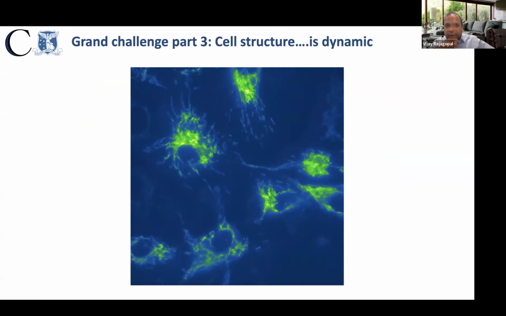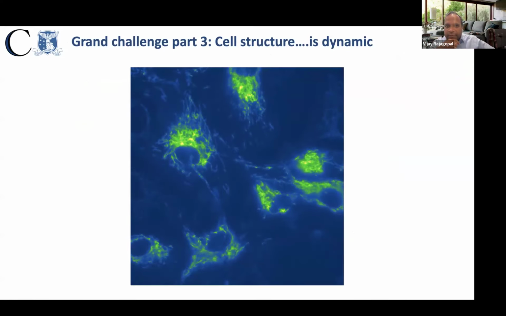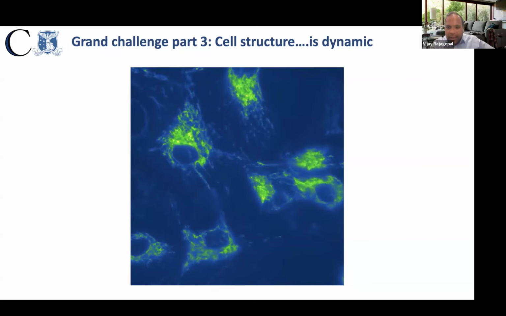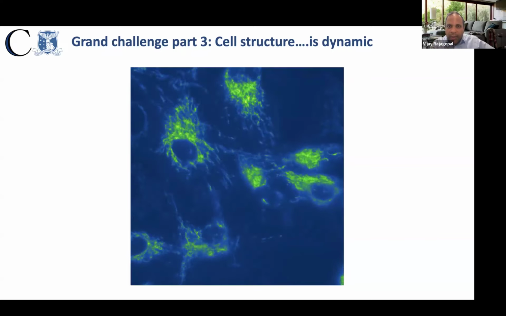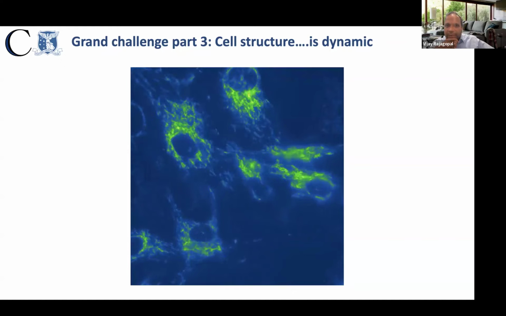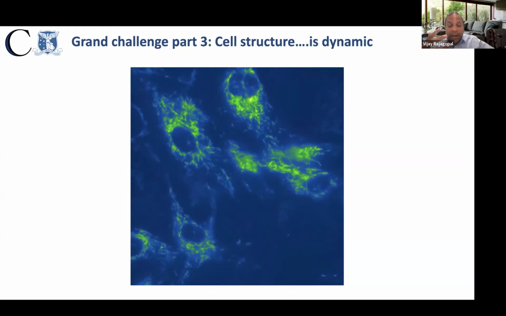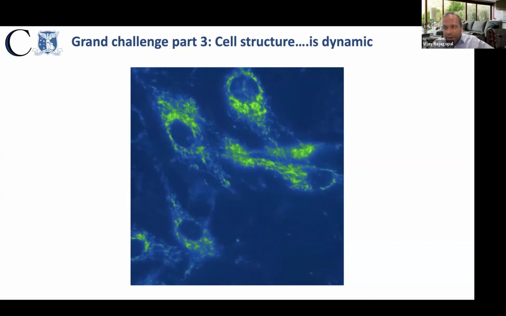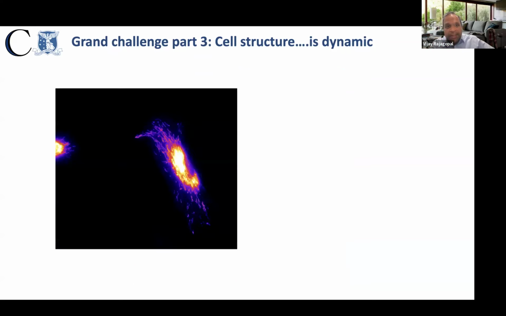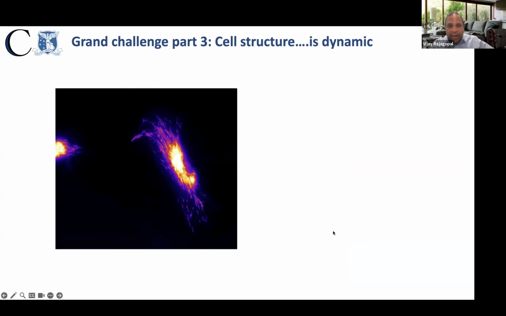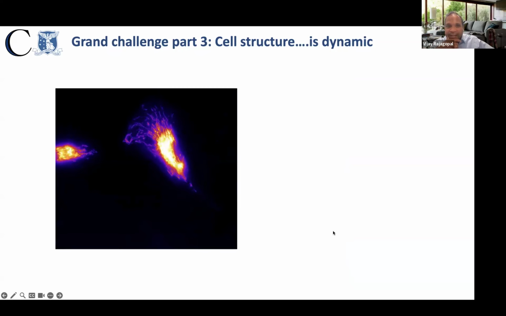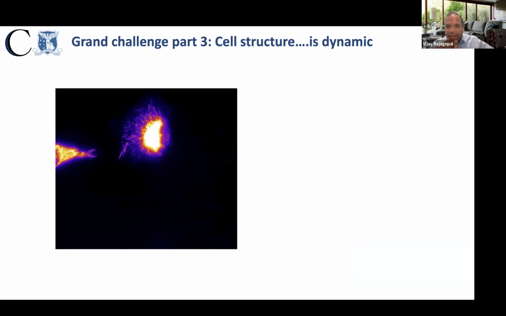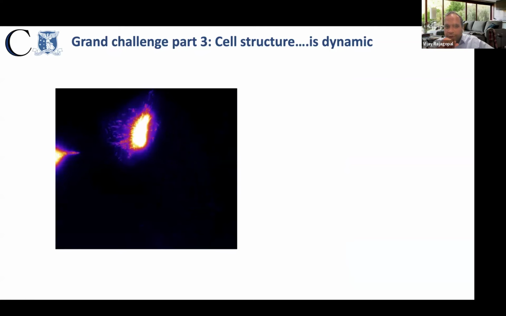Finally, Grand Challenge 3, which is this movie. What we wanted to do was to develop a way to segment and track these mitochondria. This is what the real image, a close-up, looks like. Really exciting data here of the movement of mitochondria as the cells migrate.